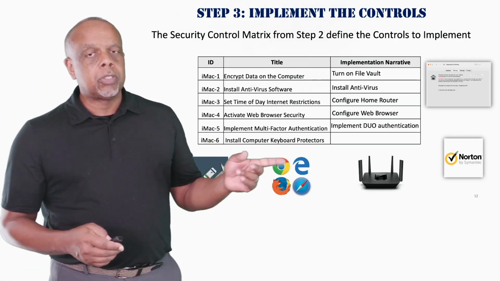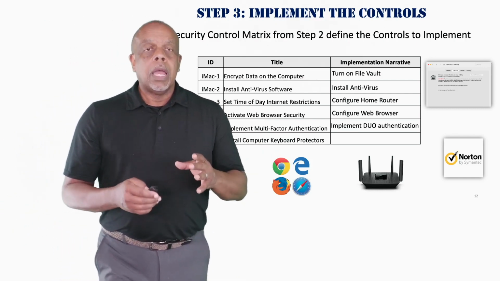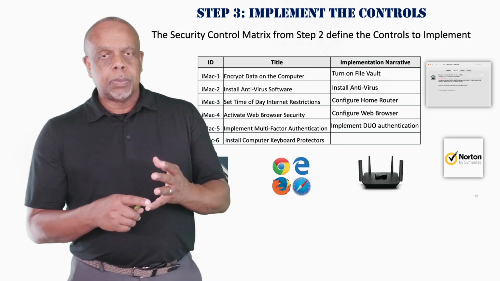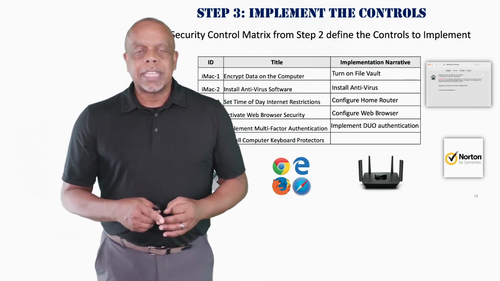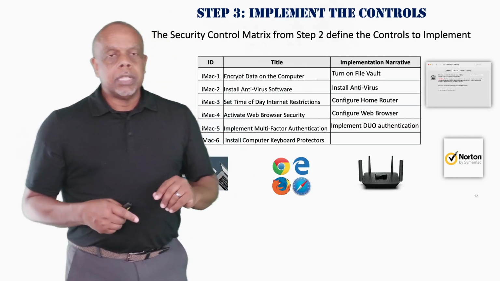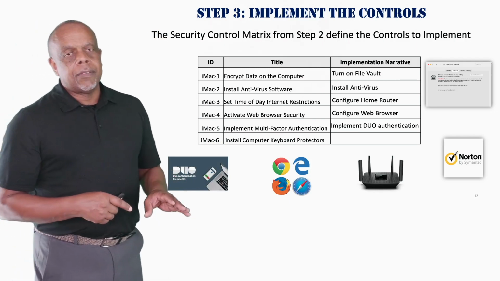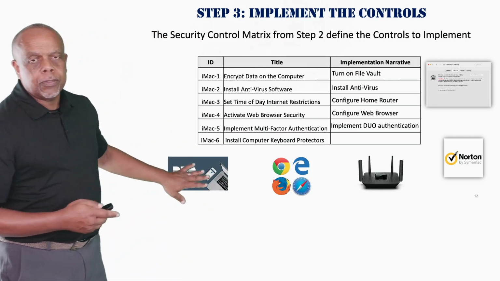If you remember, we talked about multi-factor authentication in an earlier lesson, where I need something you know, something you are, something you have. You remember those authentication factors? I want to be sure that I'm selecting at least 2 of those. And Duo will help me do that. I can have something I know and something that I have with Duo.